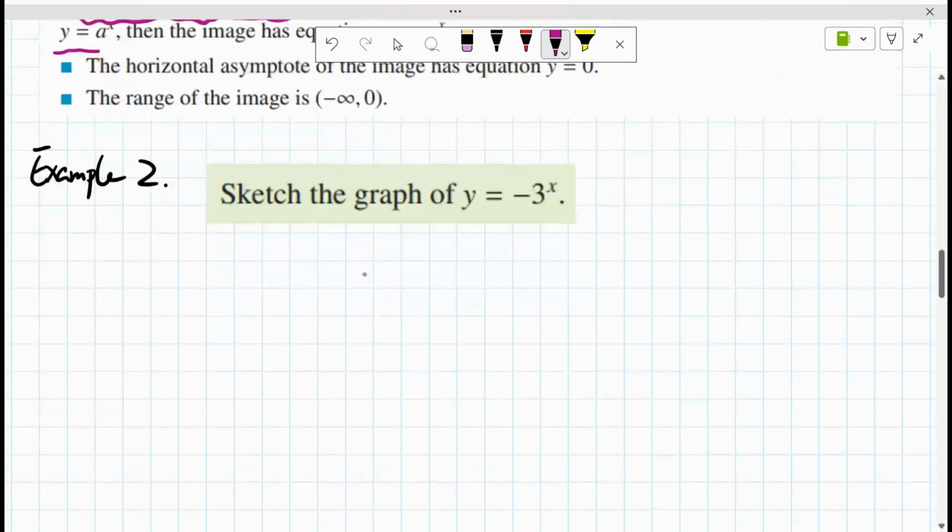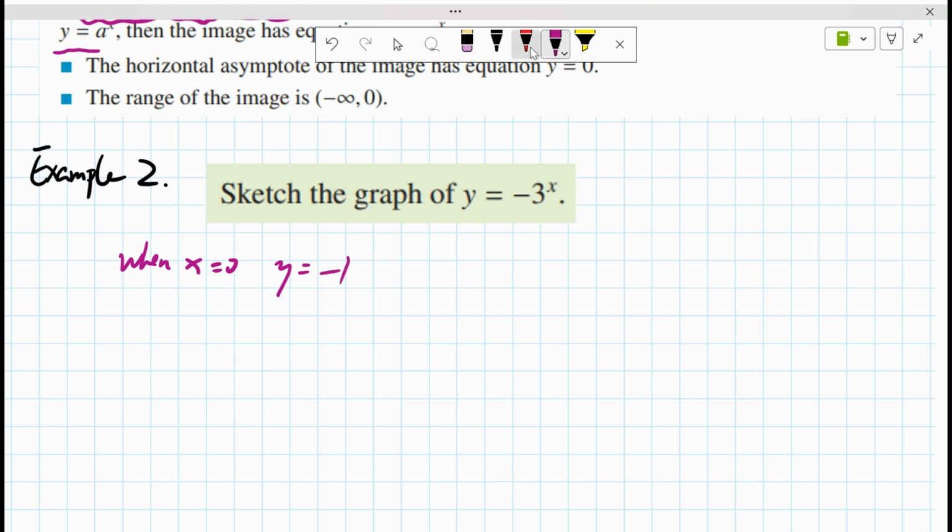Let's try some examples, which will give us some hints. Okay, so reflect in the x-axis. First, let's figure out when x equals 0, y equals negative 1.